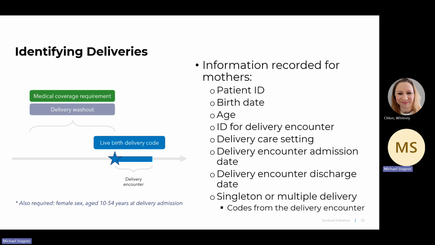There's a delivery washout, so that if a particular beneficiary had multiple delivery diagnoses or procedure codes in the data within a certain amount of time within each other, those would be disqualified for identification. There's a set of codes which determine a live birth.